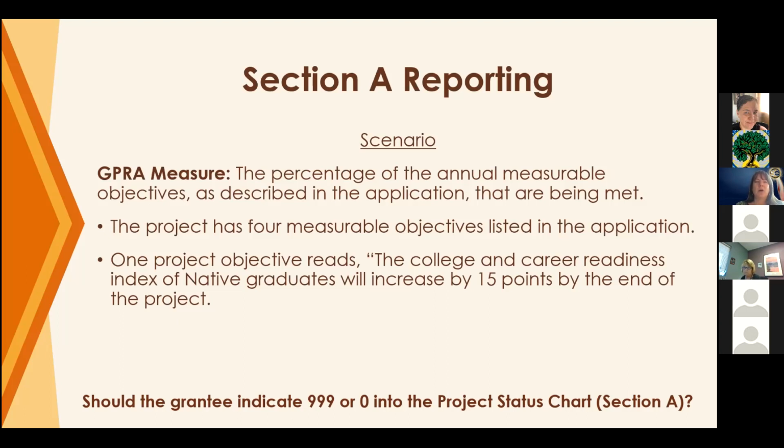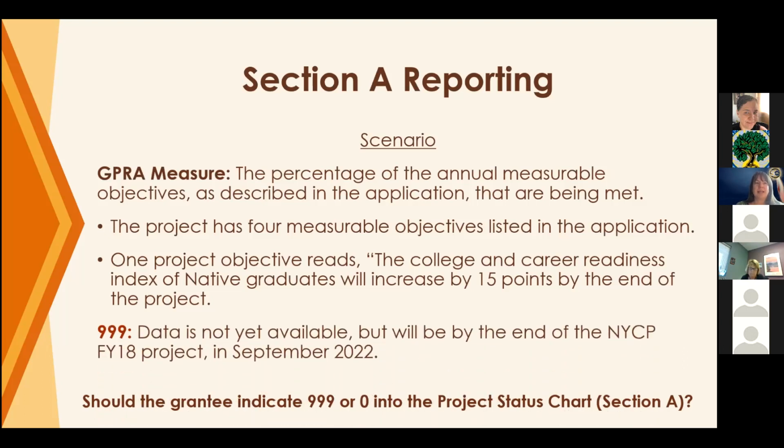One of them is about college and career readiness index of Native graduates increasing by 15 points by the end of the project. So is this 999 or is this 0? Perfect. The correct answer is 999. The data is not yet available, but it will be available by the end of this NYCP fiscal year 18 project in September 2022. Very good.